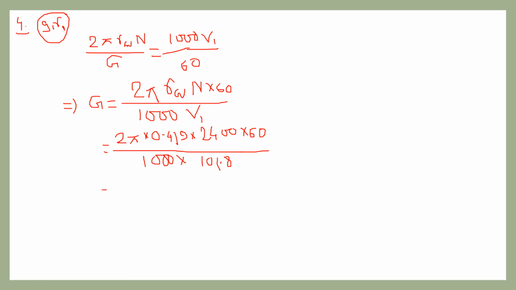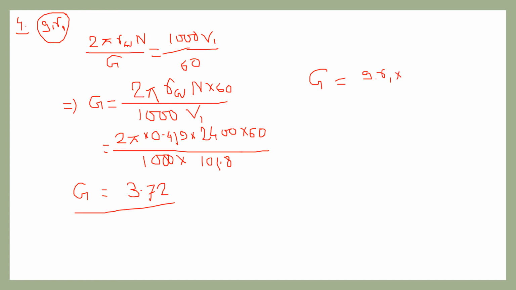Now calculating this, 2 pi into 0.419 into 2400 into 60 divided by 1000 into 101.8, the overall gear ratio is 3.72.